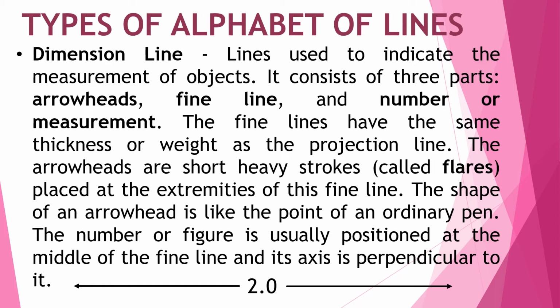The arrowheads are short, heavy strokes called flares placed at the extremities of this fine line. The shape of an arrowhead is like the point of an ordinary pen. The number or figure is usually positioned at the middle of the fine line and its axis is perpendicular to it. What you see in the picture is the representation of a dimension line.